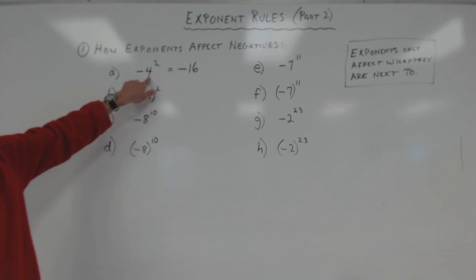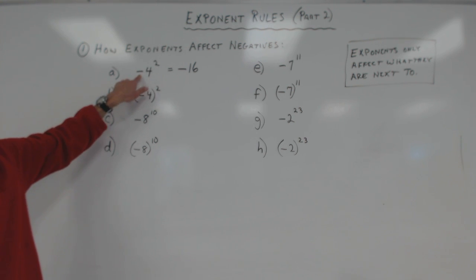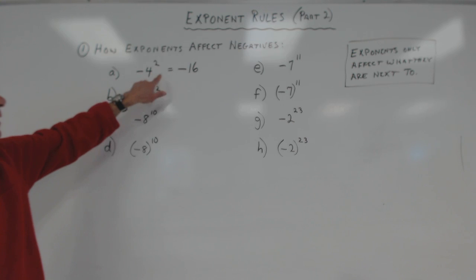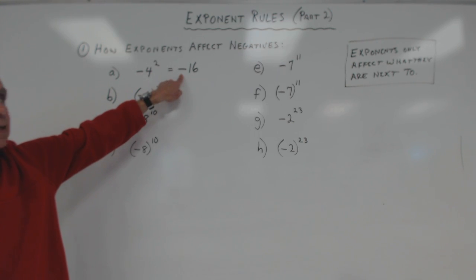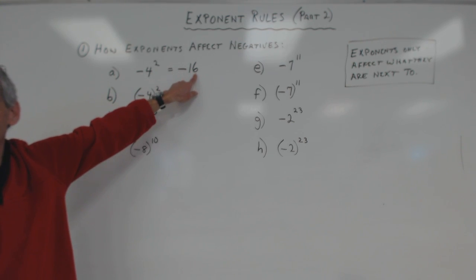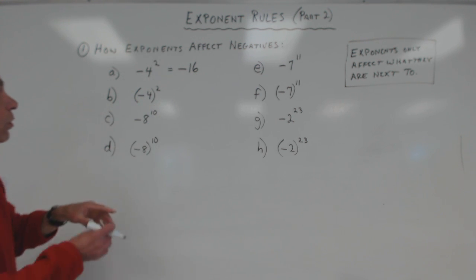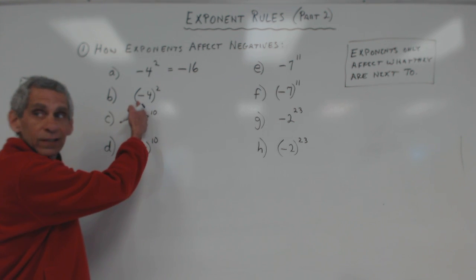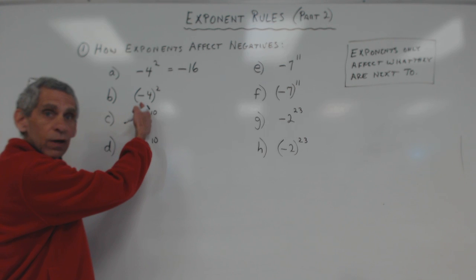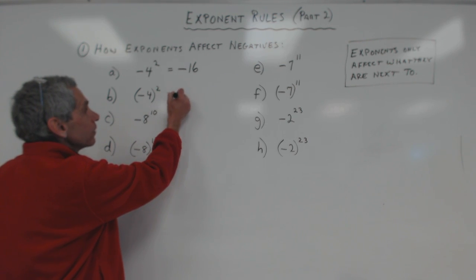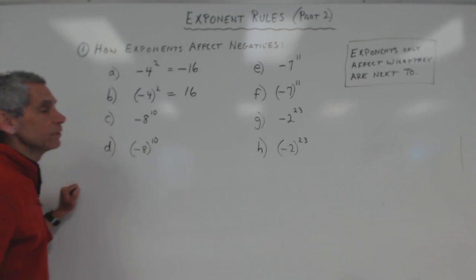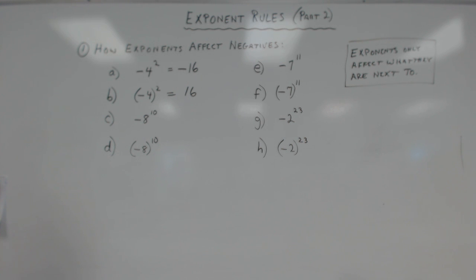The base here is 4. And the negative is in front, meaning the negative stays in the answer. And then 4 squared goes here, right after the negative, right? Here, though, this means negative 4 times negative 4, which is what? 16. Positive 16, right, exactly. You see the difference? Does that make sense?